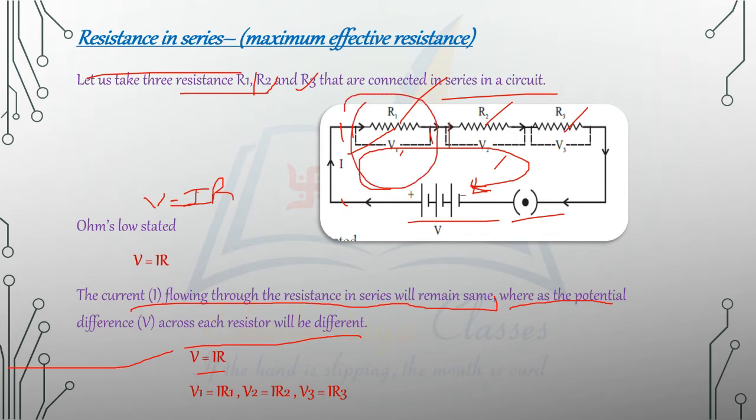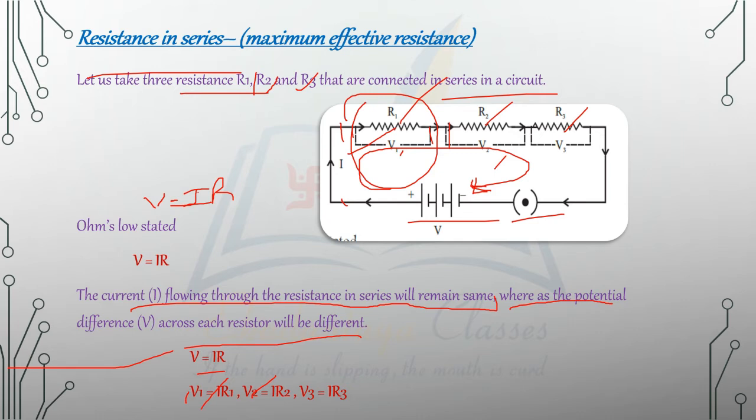For this we take V1 is equal to IR1. Current is the same throughout the circuit and voltage is different, so we keep I as the constant term, and take V1 and R1.